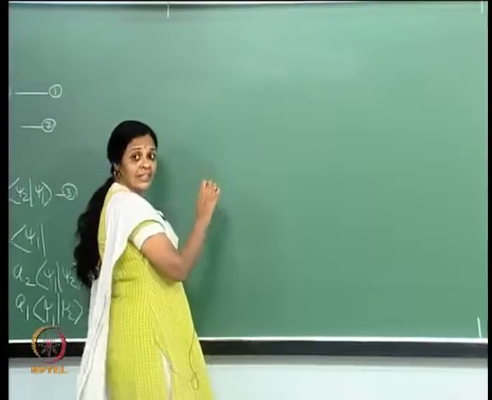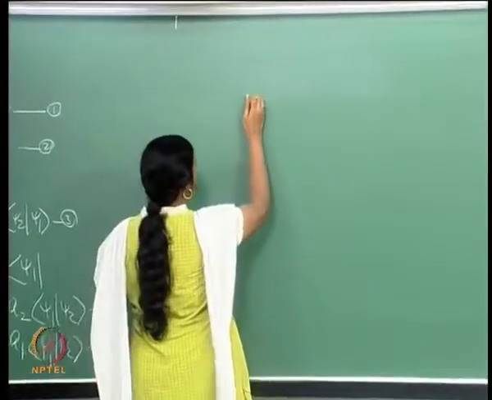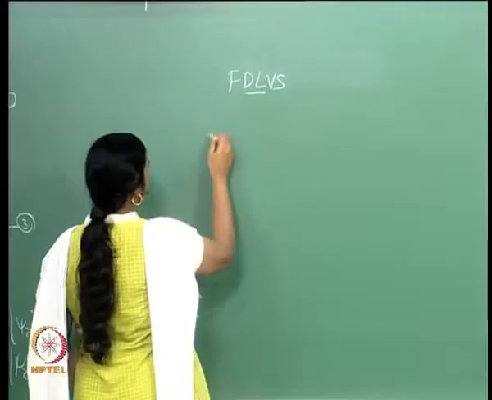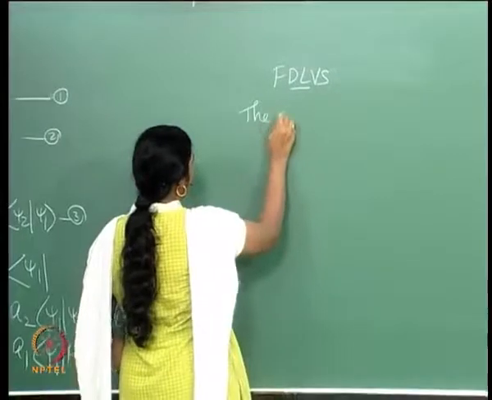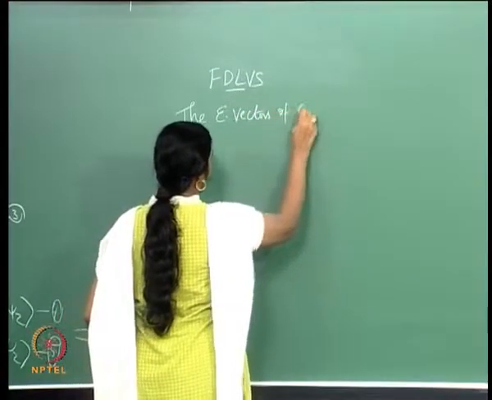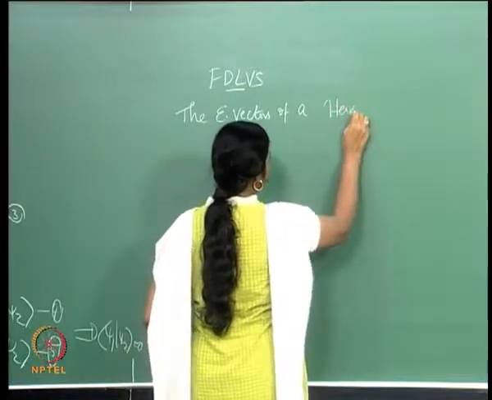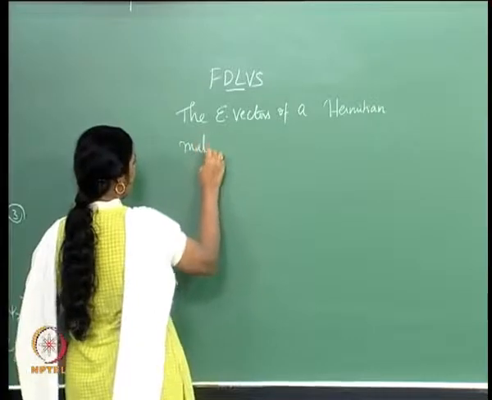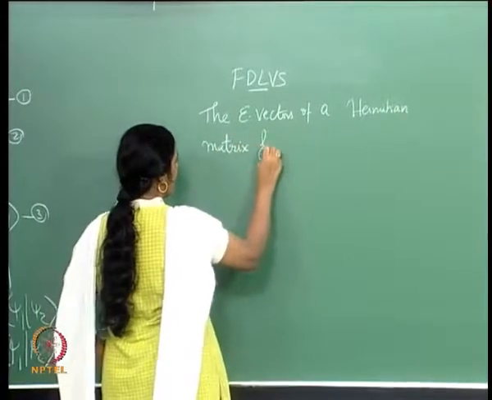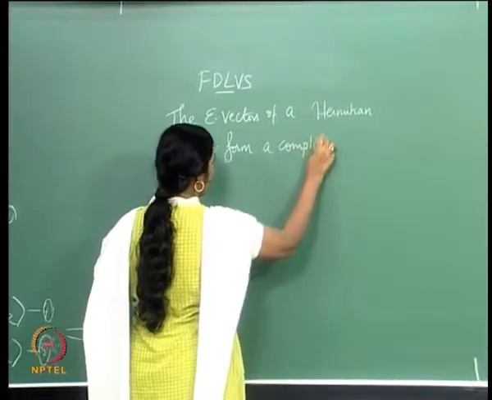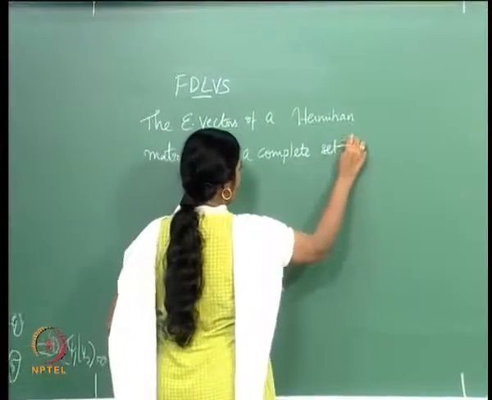We are working with finite dimensional linear vector spaces, and I want to show that the eigenvectors of a Hermitian matrix form a complete set of states.